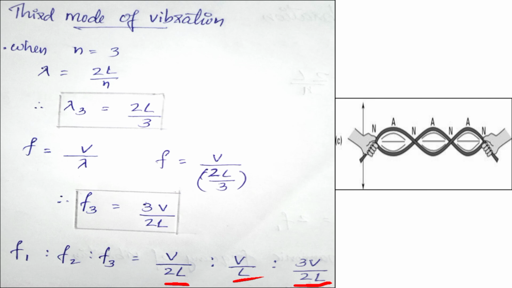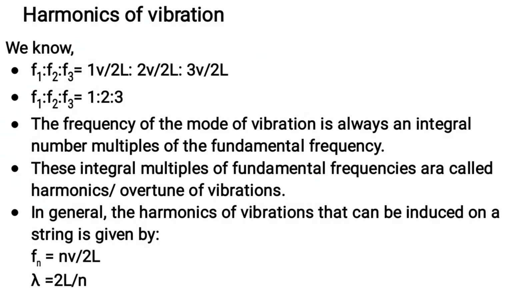Then we discuss the topic of harmonics of vibration. Here we know F1 is to F2 is to F3 equals 1 is to 2 is to 3. The frequency of the modes of vibration that can be excited on a string is always an integral multiple of the fundamental frequency.